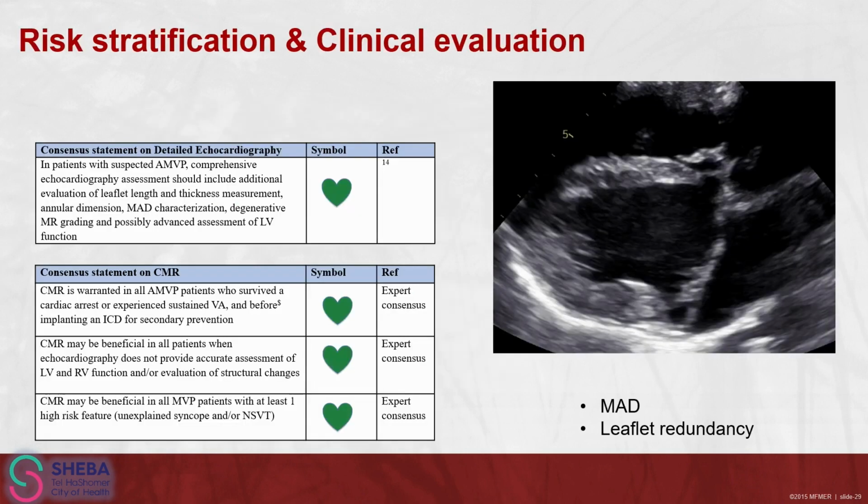These patients should be referred to a more comprehensive and detailed echo directed at looking at the morphology of the leaflets, identifying MAD and all the other features that are not part of the standard protocol. MRI should be used in selected individuals, certainly in those who have sustained a malignant arrhythmic event, those where the echo does not give us the data that we need, but also in high-risk patients with unexplained syncope or non-sustained VT.